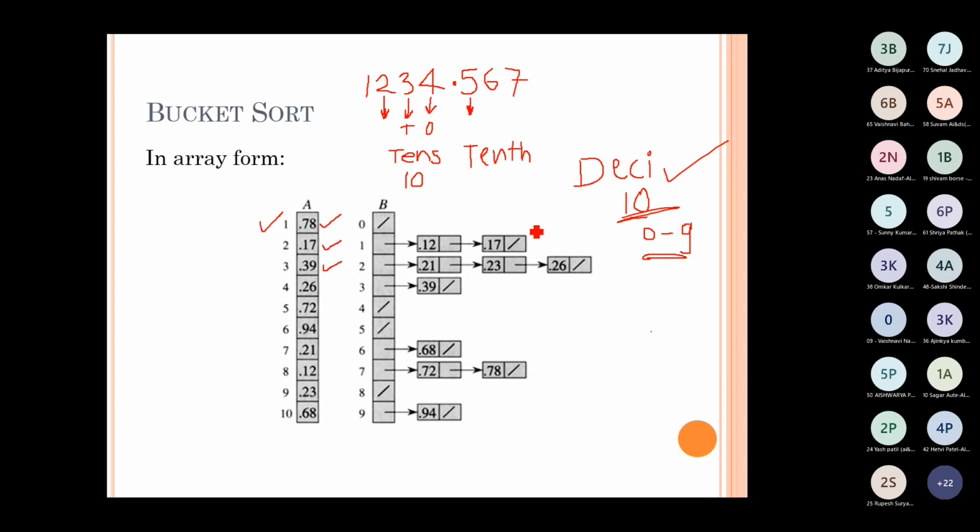So if my array contains multiple decimal elements, I will be using 10 buckets, because the decimal number system has only 10 symbols to create any number.